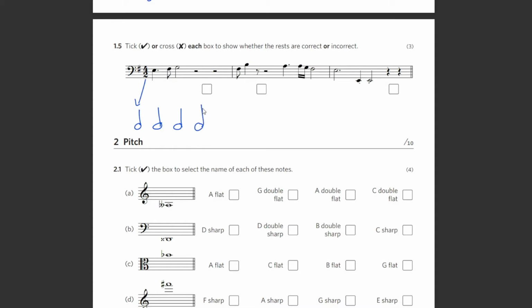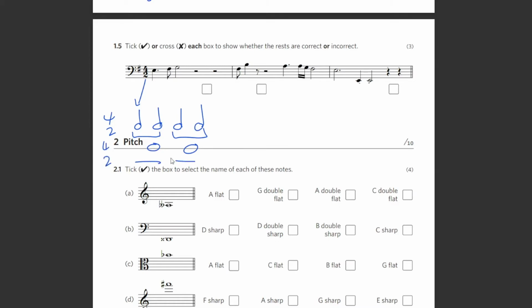You can group them minim beats by minim beats, or you can group them semibreve beats by semibreve beats. Both are correct.